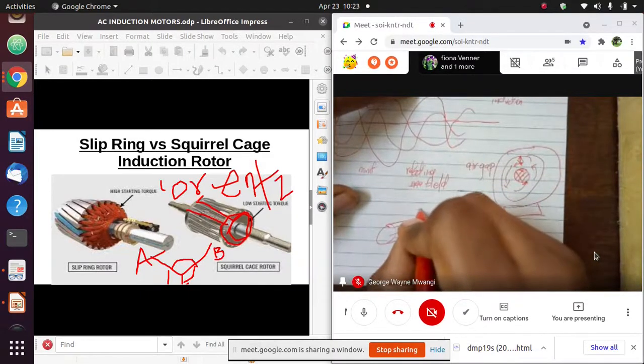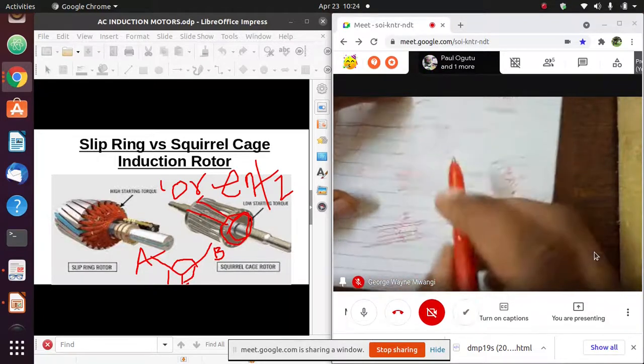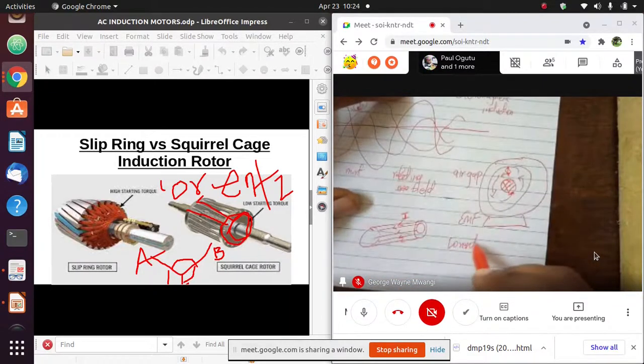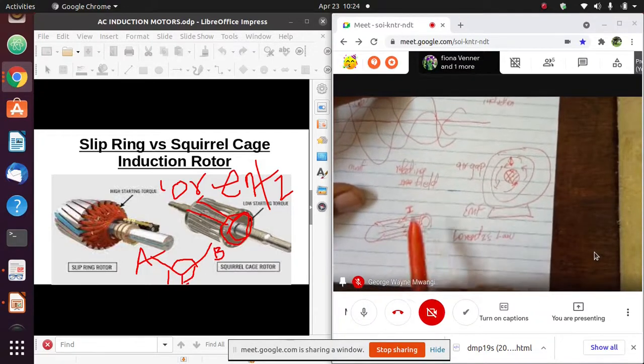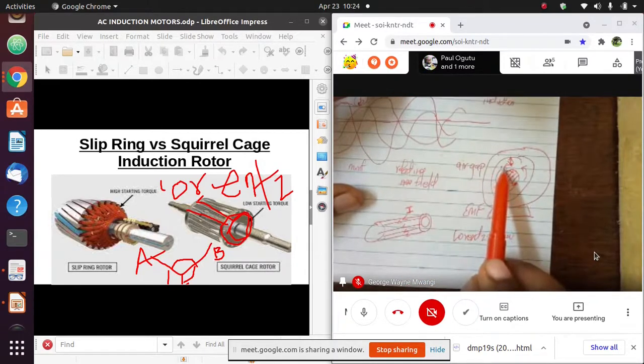Now, due to this current, remember that we have said, due to a law known as Lorentz law, this law states that a current carrying conductor which is in a magnetic field, a rotating magnetic field, will experience a force.